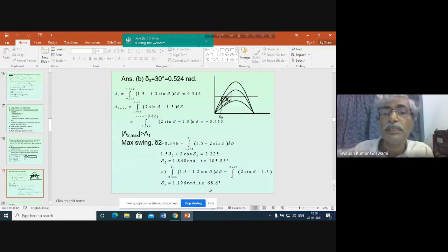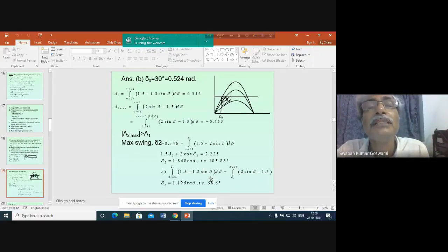So how much disturbance the system will be able to withstand also depends upon this fault clearing time. That means the faster the clearance of the fault, the faster your protection system, the faster the speed of circuit breaker and relay, the better is the transient stability of your system.